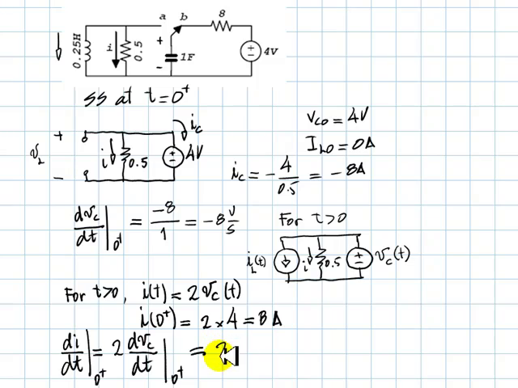That is 2 times negative 8. And these two are the answers to part A of the exercise.